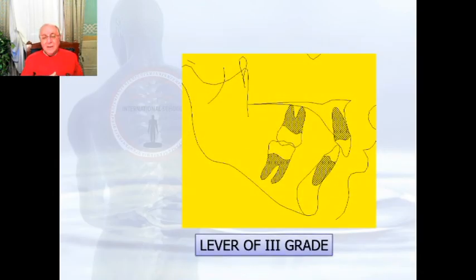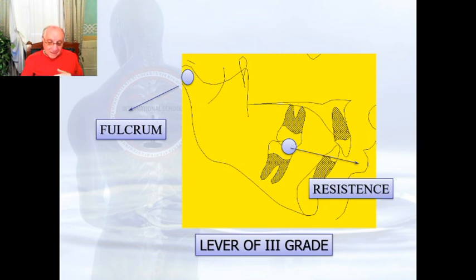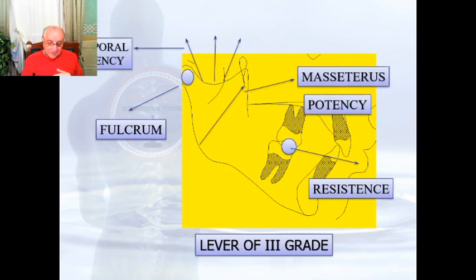And just to finish today, physically, the joint is a third-class lever, where the fulcrum is at the back, with the resistance and the power.